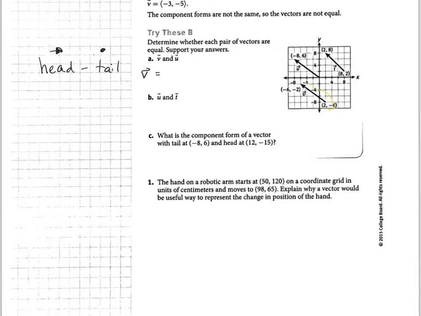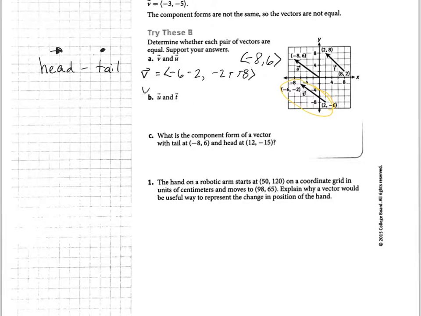Just want to highlight it here. So we're right here. That's vector v. I'm going to do this in component form. -6 minus the tail, -2. And then we put the other 2 points together. -2 minus -8. Pay attention to your signs, and we get -8, 6. That is the component form of vector v.